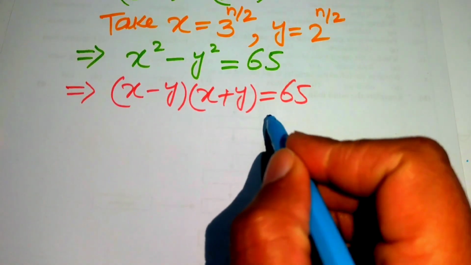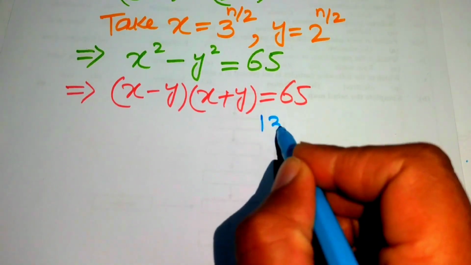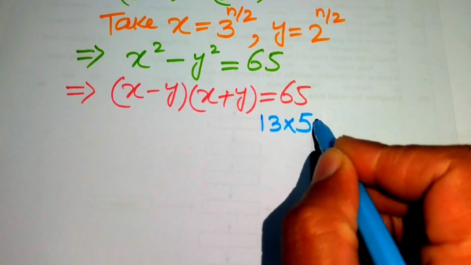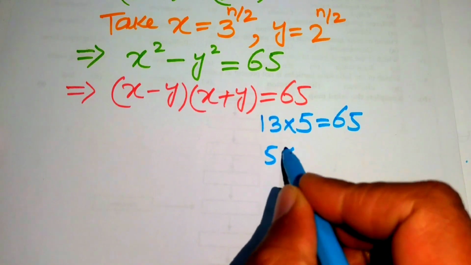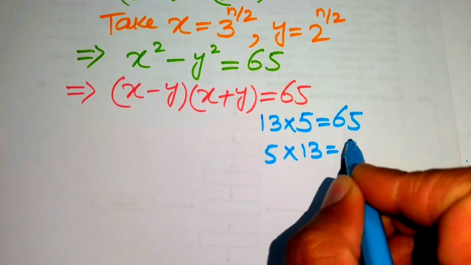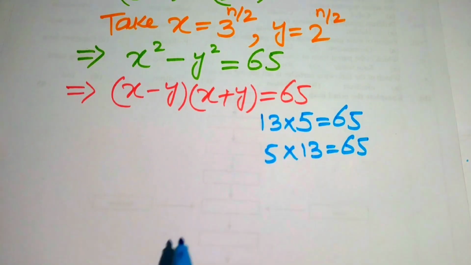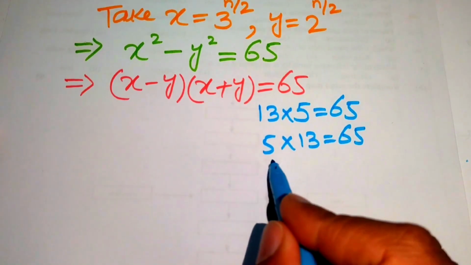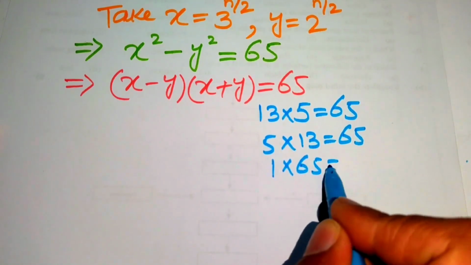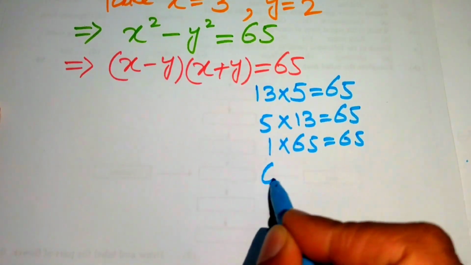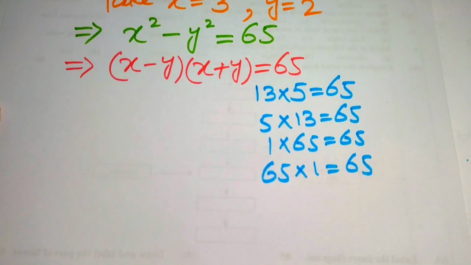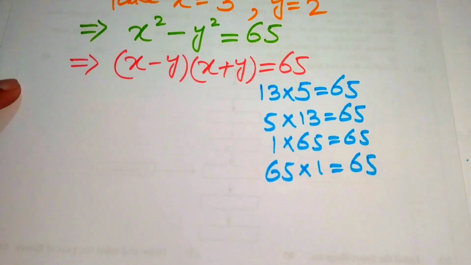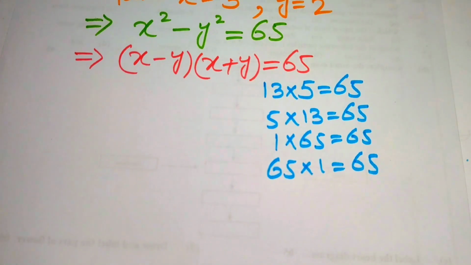The possibilities are 13 times 5 equals 65, and 5 times 13 equals 65. And similarly you have 1 times 65 is 65, and 65 times 1 is also 65. So here we have these four possibilities, and now we check which possibilities are true in this condition.